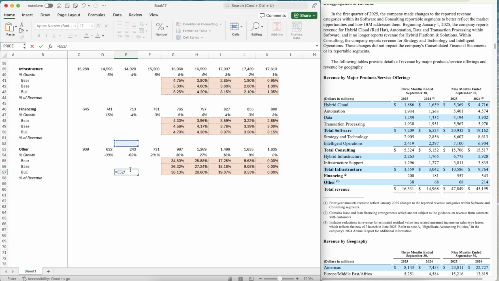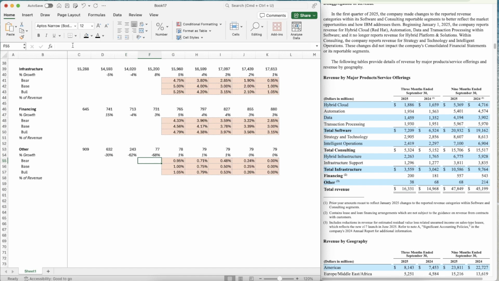Divided by 214. There we go. 1.68 multiplied by 1.13. 551402. Just change this to 1%.